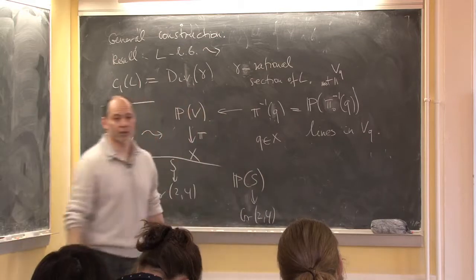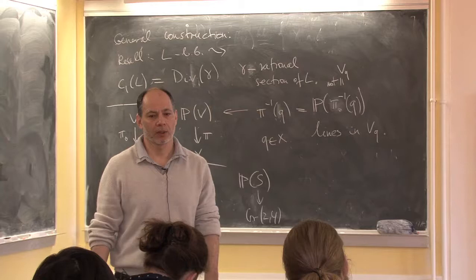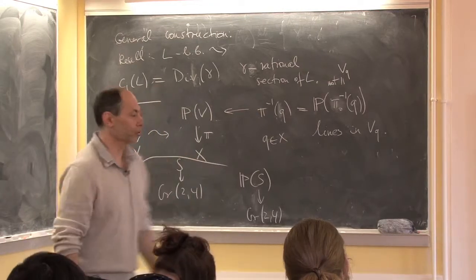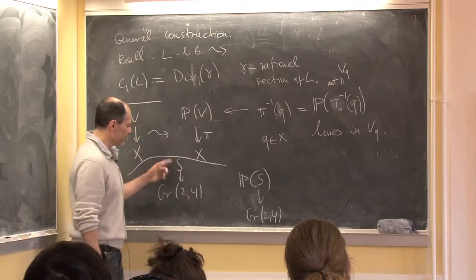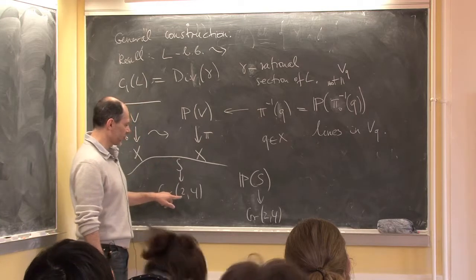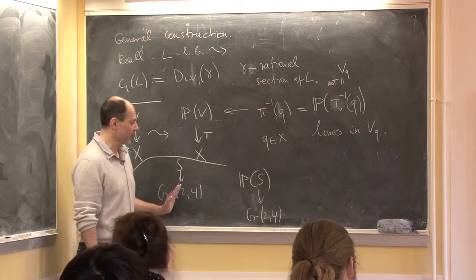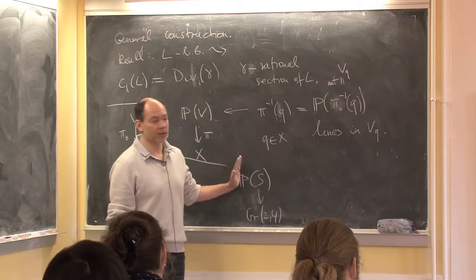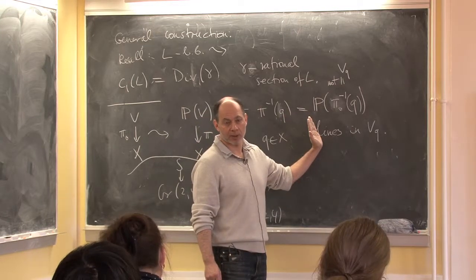So S, a point in the Grassmannian, is just a choice of a two-dimensional subspace here. And now what is P(S)? In P(S), in addition, I choose a line in this two-dimensional subspace.